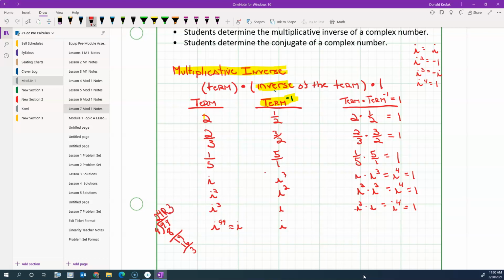So this would be the same as i to the third. And its reciprocal is i. Okay, so really, i to the 99th times i would be i to the 100th, which is i to the 0, which is 1.